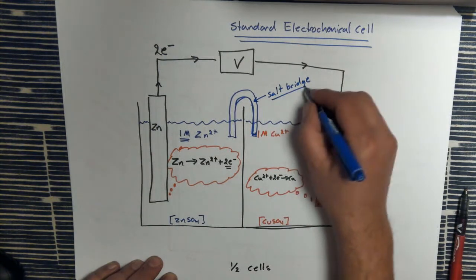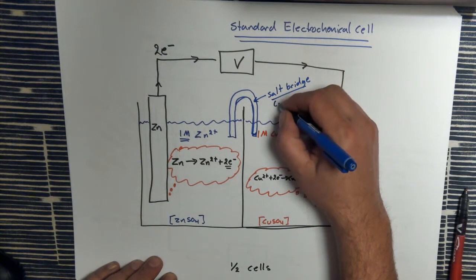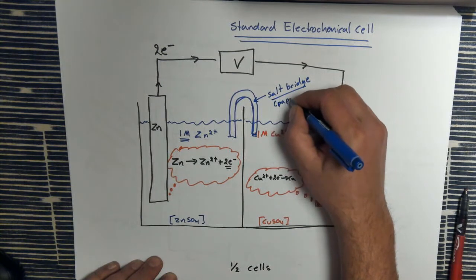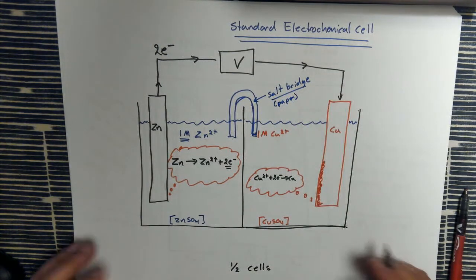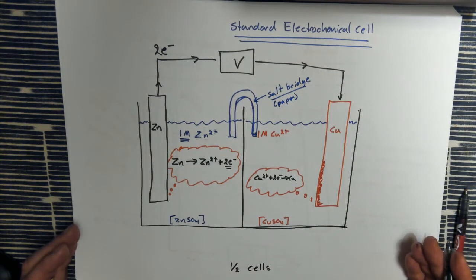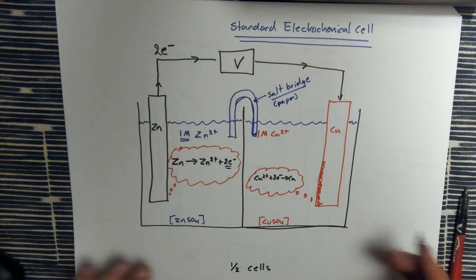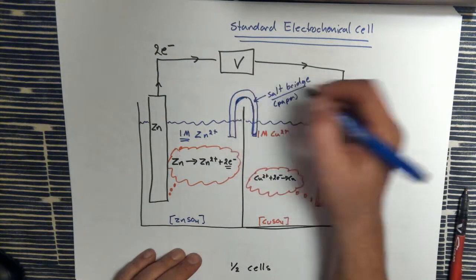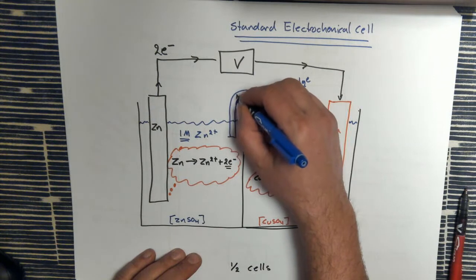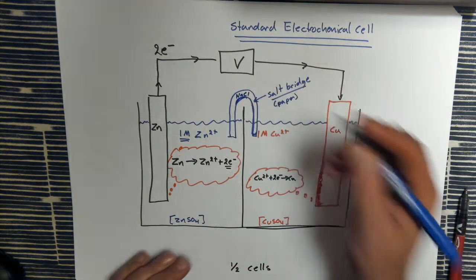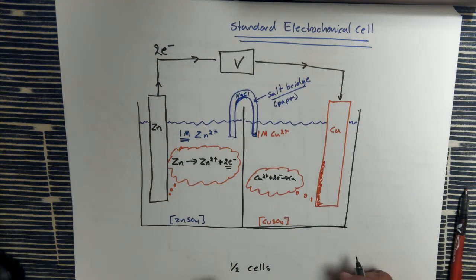Now in a normal battery, this can actually literally just be like a piece of paper. And in Volta's example, it was pieces of cloth. But what this allows for, if you take it literally, is NaCl. We can literally say it's salt bridge.